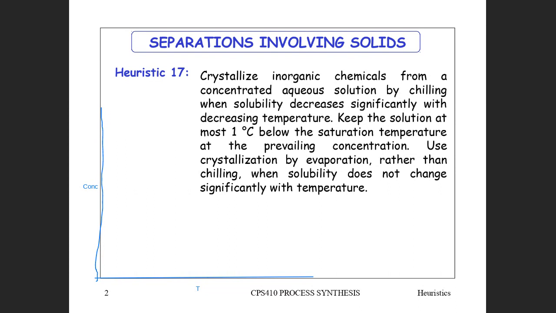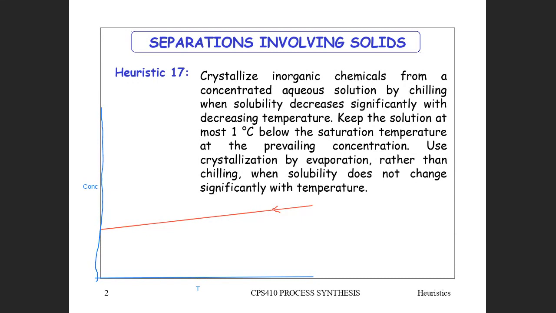Right. So most things you'll have a higher concentration at a higher temperature. So what we want to do is to move in this direction down the line. We want to decrease the temperature, and the saturation concentration, the concentration of the sodium chloride in solution, is going to get less as we have a lower temperature, and therefore the stuff comes out.